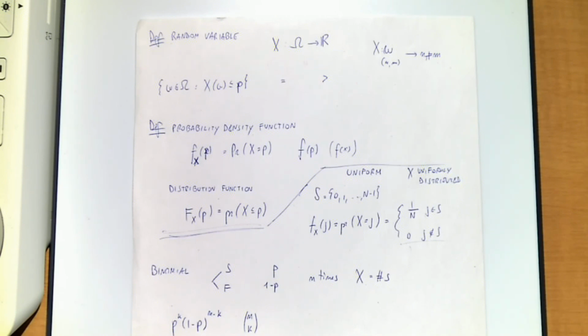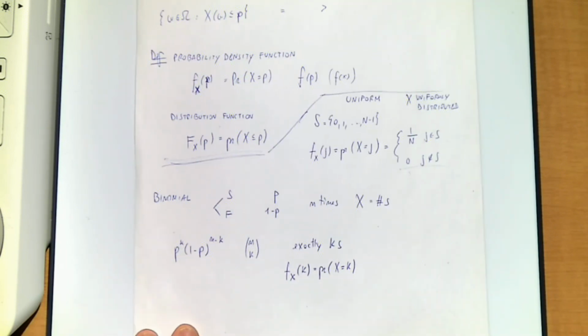Then the probability of having exactly k successes is the density function evaluated at k. So f of x of k equals the probability of x equal k.